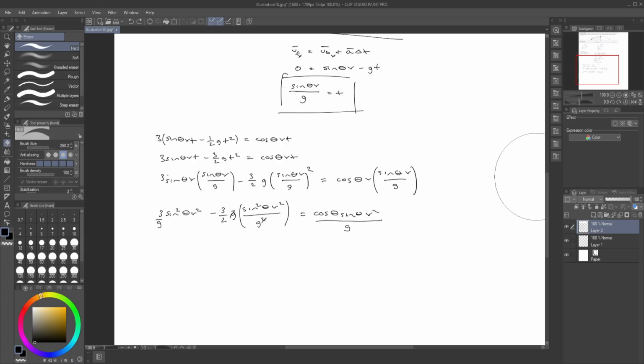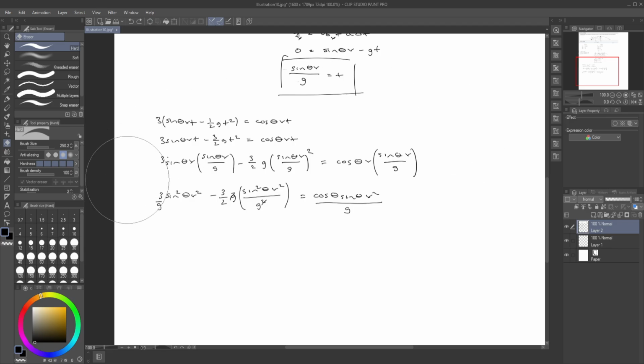This looks very complicated, but things will simplify at the end, so just stick with me for this process. The first thing I do is I square this term, so we get sine squared theta v squared divided by g squared. And then this g term over here and this g squared term, one of the g's will cancel out.